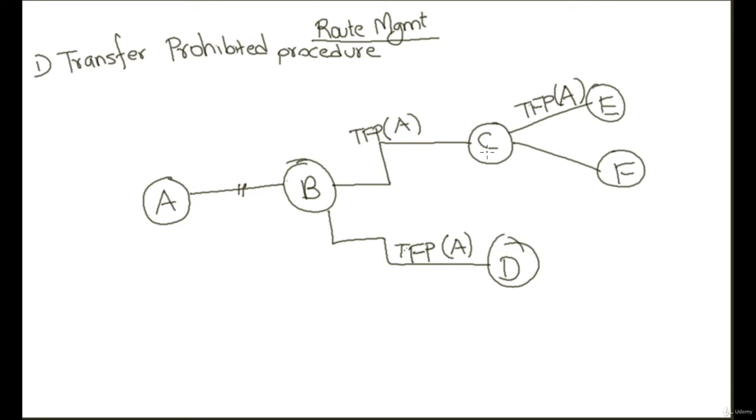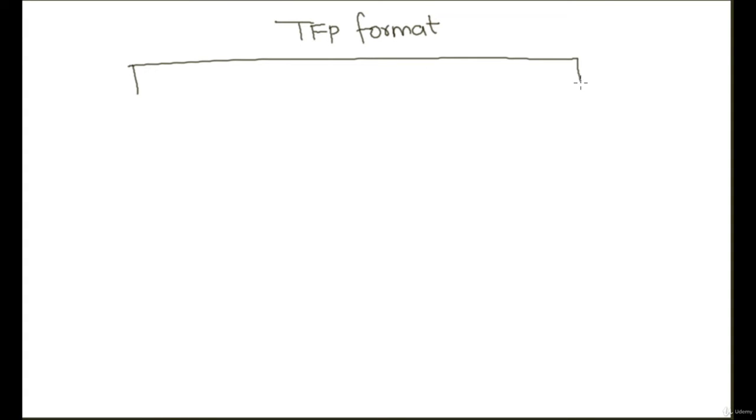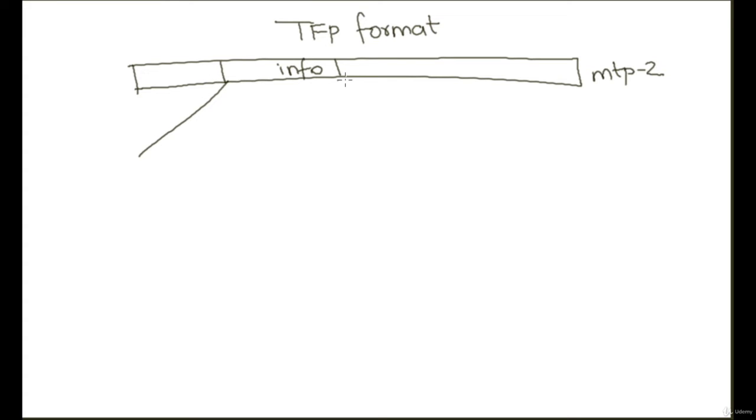Okay, so let us take the format of this message. TFP format. Again, this is a route management function from the MTP3 layer, so it has to be encapsulated in MTP2. Let us look at the info part of this MTP2 message. Let us dissect this message.